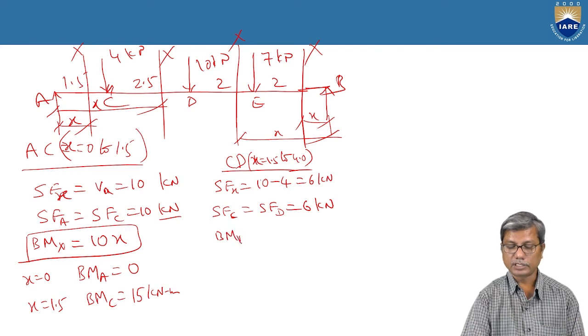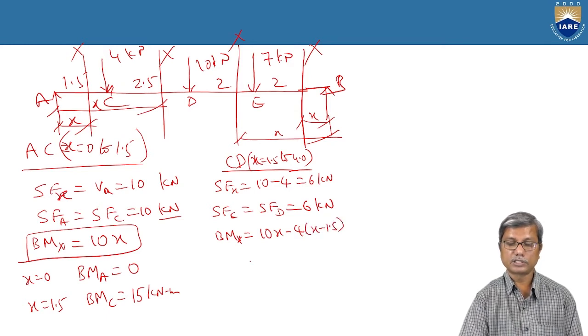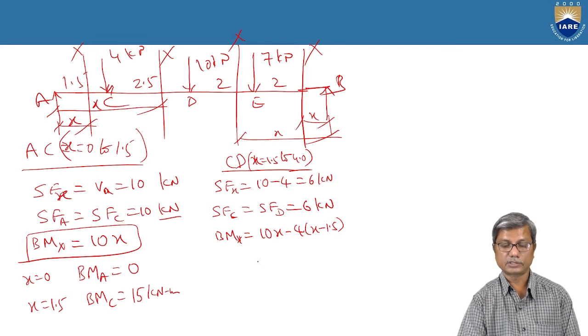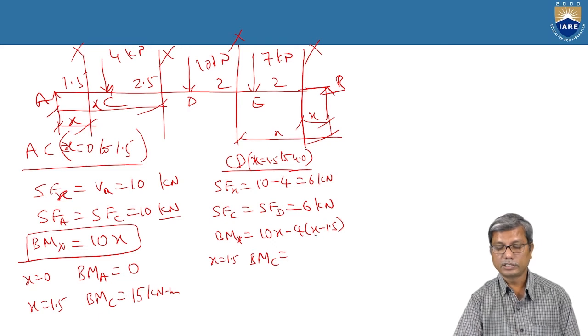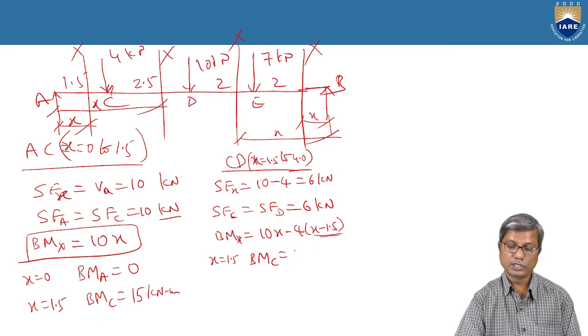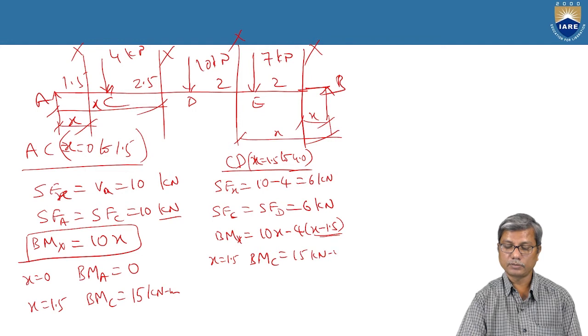Now bending moment at x is 10 into x minus 4 into (x minus 1.5), the distance from x. By substituting x equal to 1.5, you will get bending moment at C, and this term becomes 0. You will have 15 kilonewton meters.